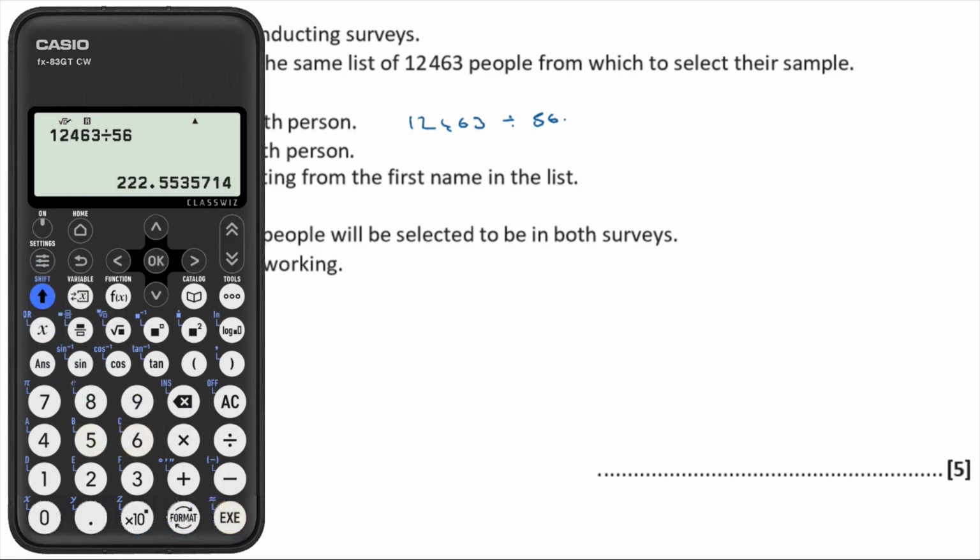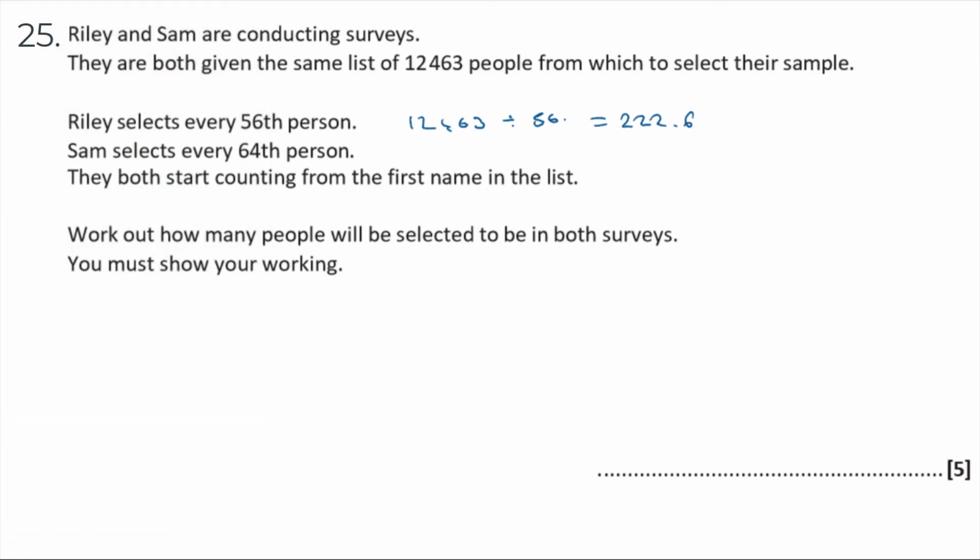That comes out to be 222.5, well, I'm going to round up to 222.6. So if I pick the first person and then I pick the 222nd 56th person, that's going to be the last person in my list, because I'm not going to get enough people to get on to the next one, am I? So I think that rounds down to 222 people.